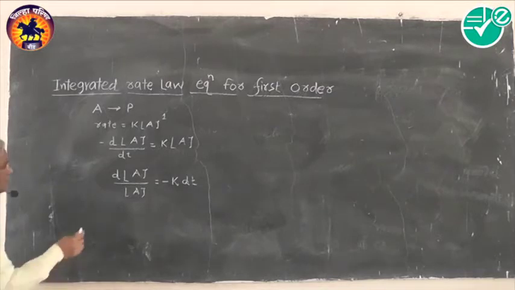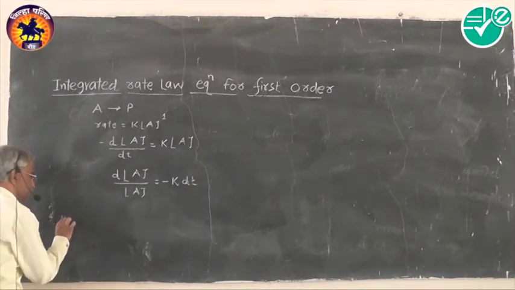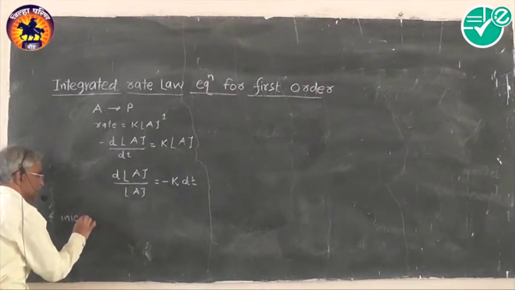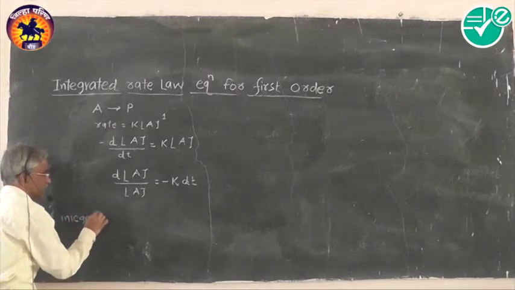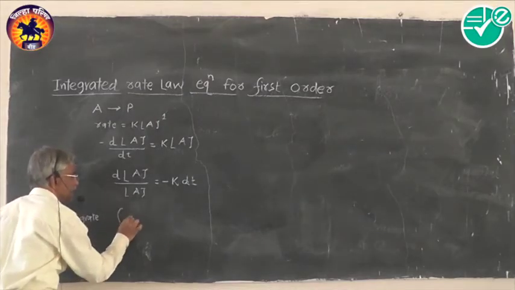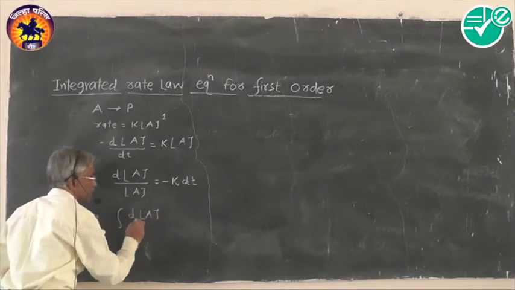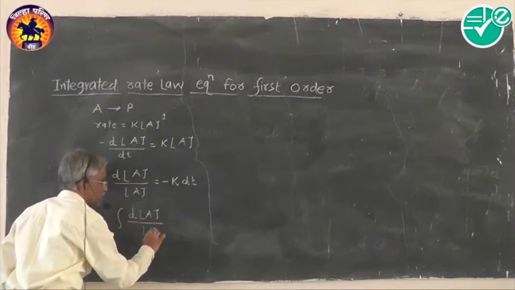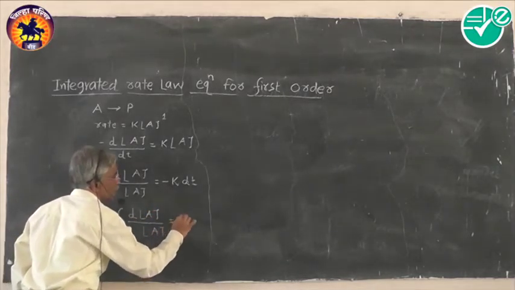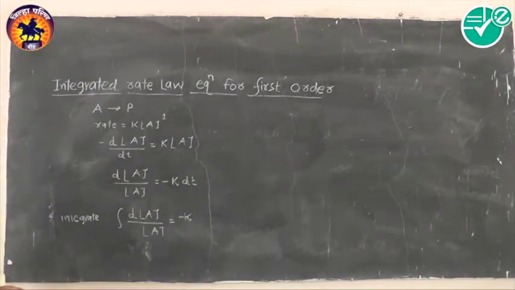Now we need to go for the integrated rate law. Therefore integrate the equation above. It is to be written as the integration of d[A] upon [A] equal to minus K integration of dt. As yesterday we have studied, K is the rate constant and it is constant.